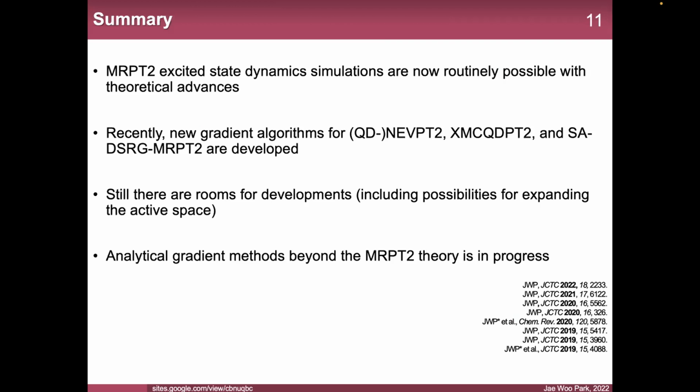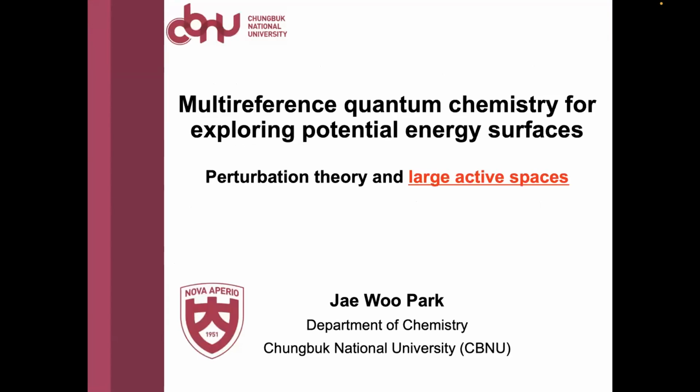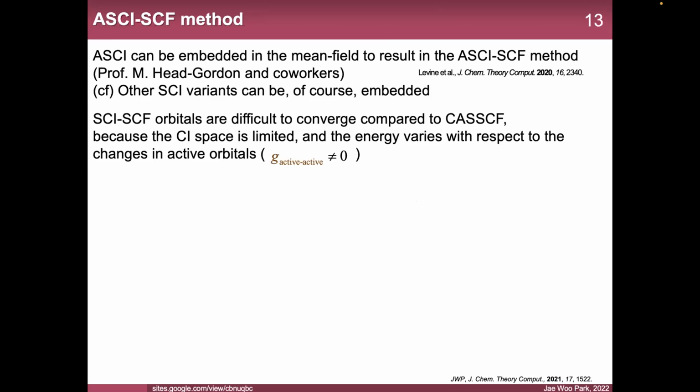And what I'm doing now, what is in progress, is that I am developing analytical gradient methods beyond the MRPT theory. The computational power has grown, and now calculations beyond MRPT2 for large systems are possible. So I'm developing some analytical gradient theories for that. So this was the first part of my talk.